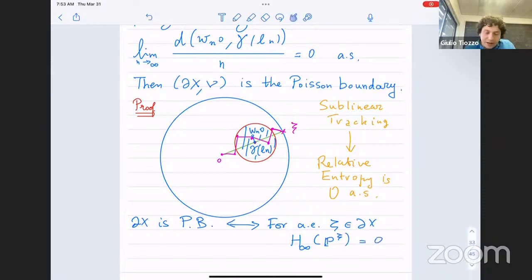You look at all the paths from the origin to psi, you restrict to that, which is also a stochastic process. It's not quite a random walk, but it's still a Markov chain, and you can associate the entropy. And the idea is that if the entropy is 0 for every point, it means that you cannot split further this boundary. And so this boundary that you have is the right one, is the Poisson boundary.